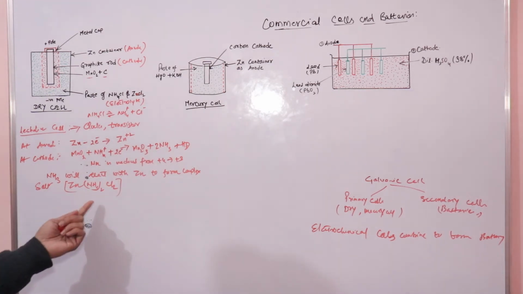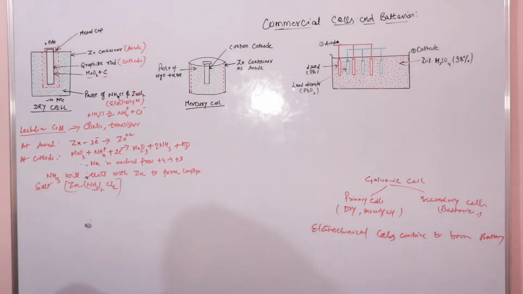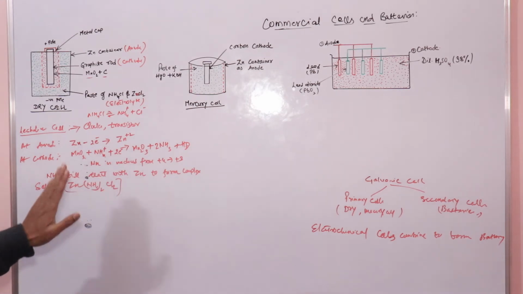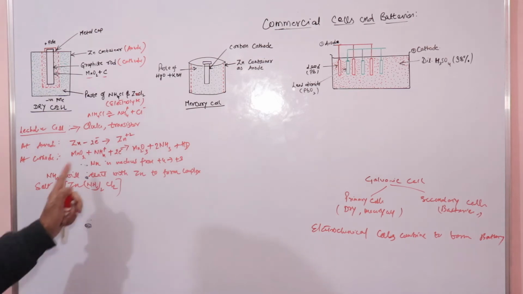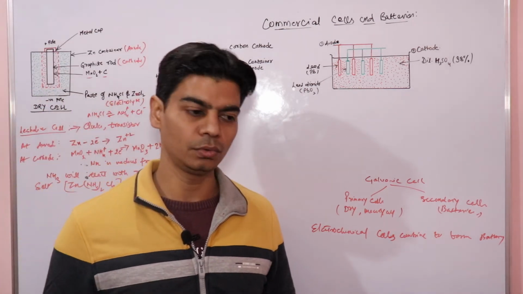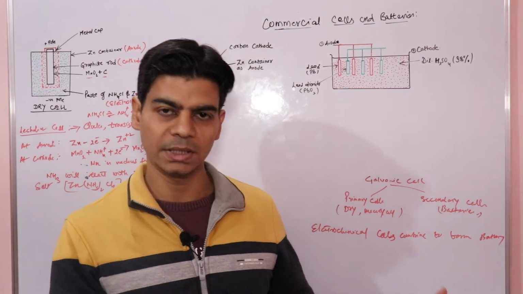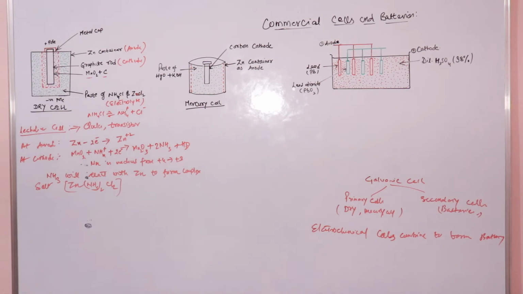We call it zinc diammine dichlorozinc, or we call it dichlorozinc. This complex will get formed, due to which ammonia gas would not be liberated, and due to the reaction between zinc and this ammonia, it will form this complex salt, complex compound.